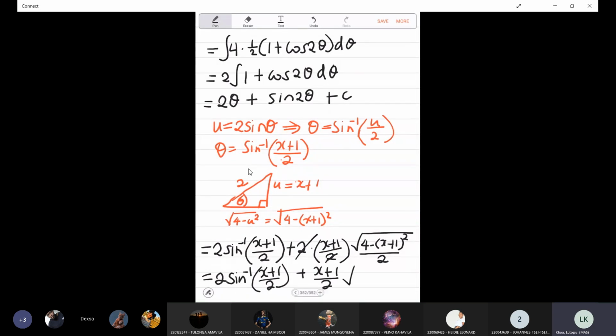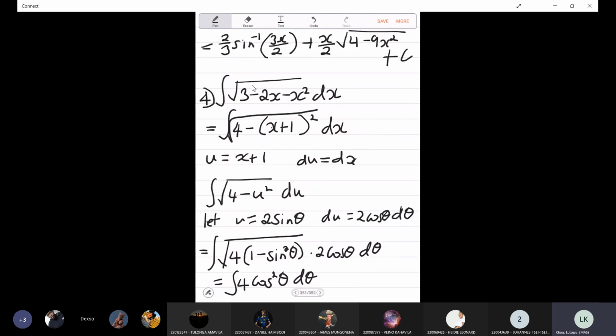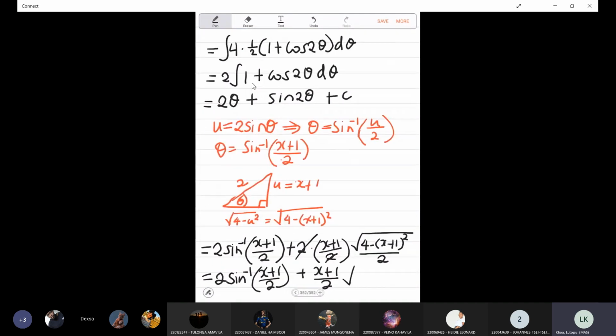Then here we have the square root, so I can even rewrite it like this, which is 3 minus 2x minus x squared.